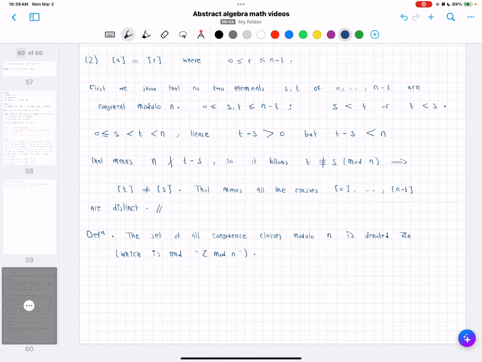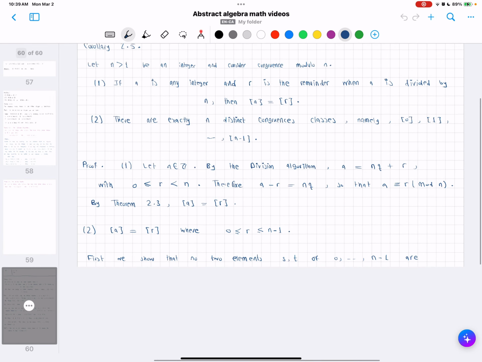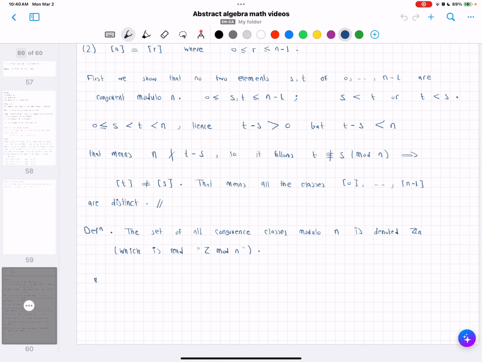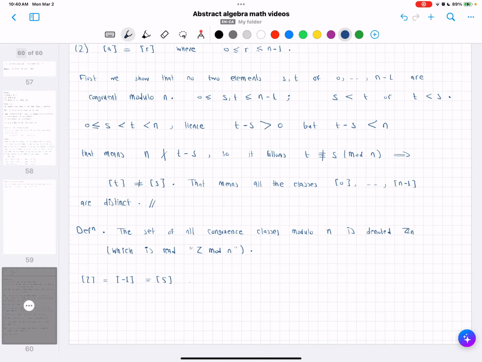So, for instance, the set generated by 2 is the same thing as the set generated by -1, which is the same thing as the set generated by 5, which is the same thing as 14 in Z3.